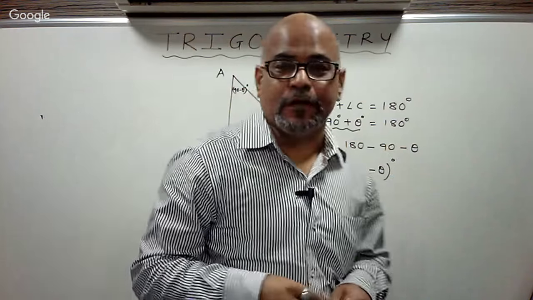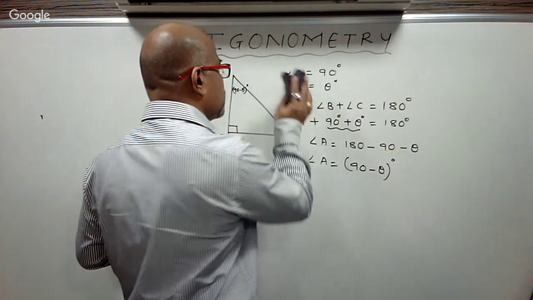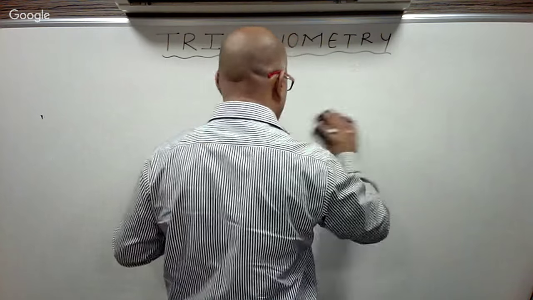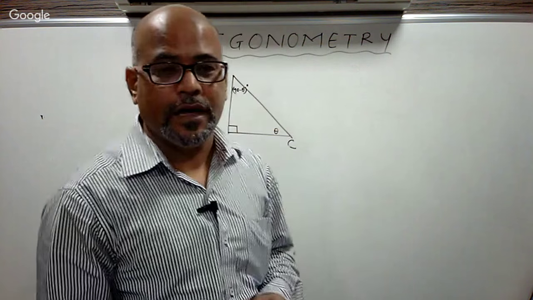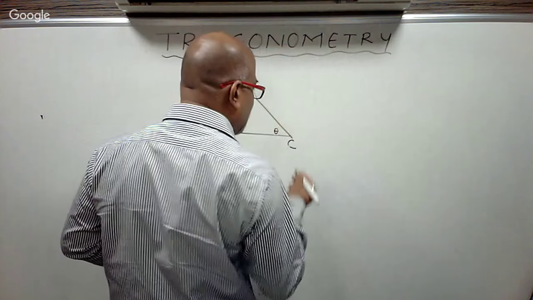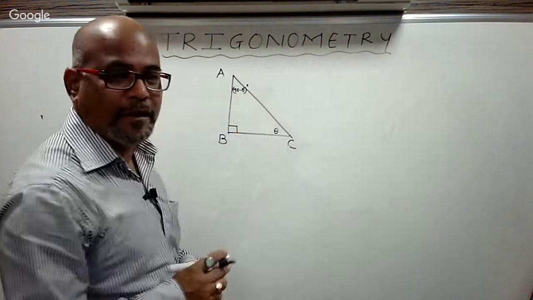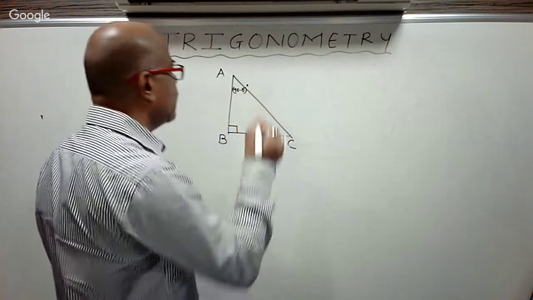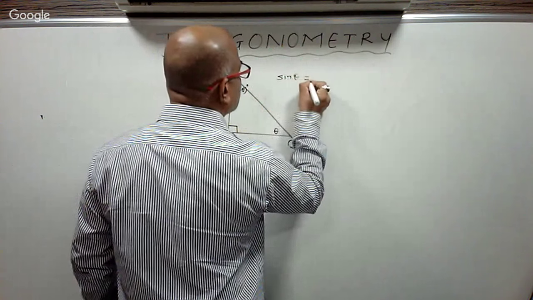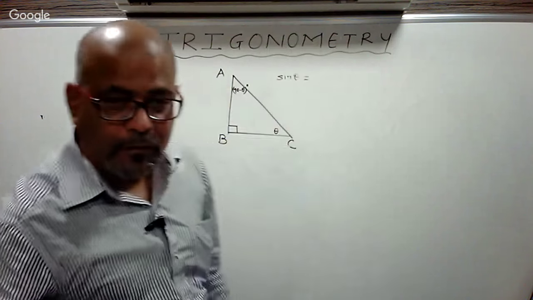Now let us check different trigonometric ratios. All of you know the first ratio is sine theta. We go for sine, then cos, then tan, cosec, sec, and cot. What is sine theta? I consider angle C here, and we find all trigonometric ratios for this angle C, which has measurement theta degrees. We know that sine theta equals opposite side upon hypotenuse.